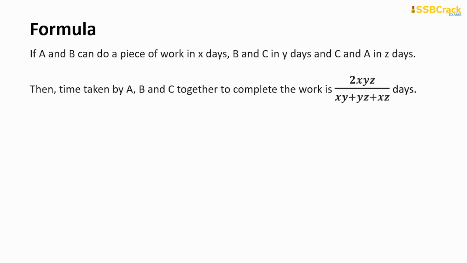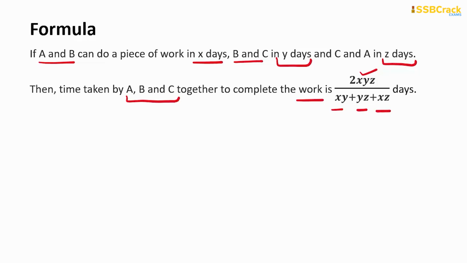So the next formula states that if A and B can do a piece of work in X days, B and C can do a piece of work in Y days and C and A can do a piece of work in Z days, then the time taken by A, B and C together to complete the work will be 2xyz upon xy plus yz plus zx, right?